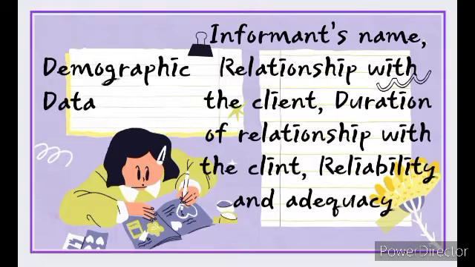After that, duration of relationship with the client, we already get it. Reliability and adequacy. I think this is the information of the reliability of the relationship and the adequacy of the relationship. And also we have to write how much this information is reliable and adequate.